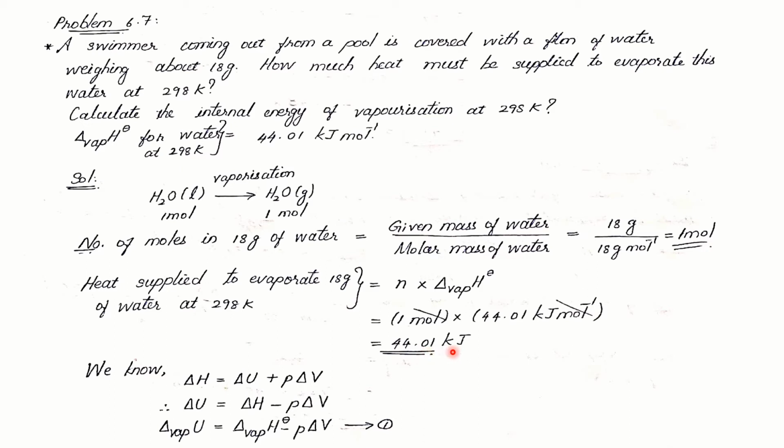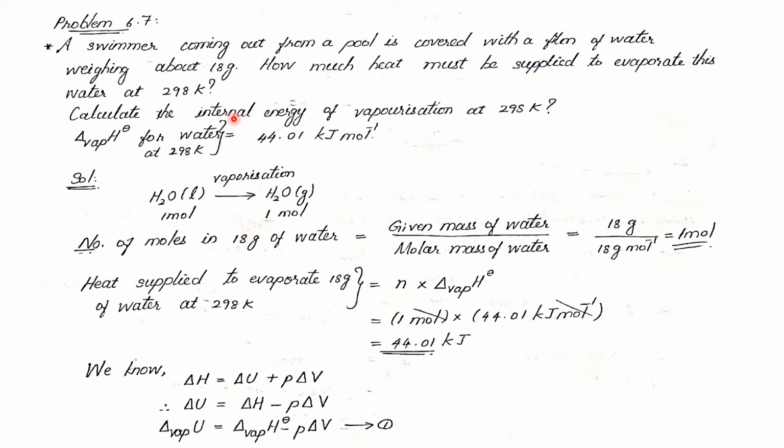Now, we are also asked to calculate the internal energy of vaporization at 298 Kelvin. How would we denote the internal energy? We denote internal energy using the term capital U, isn't it?